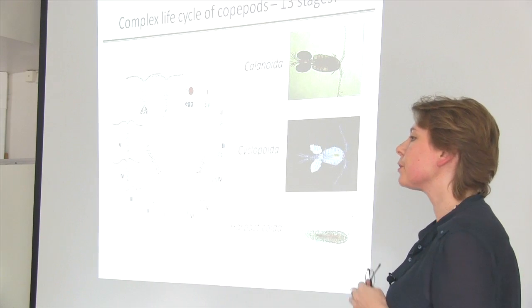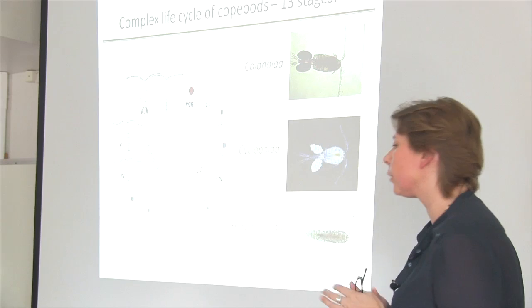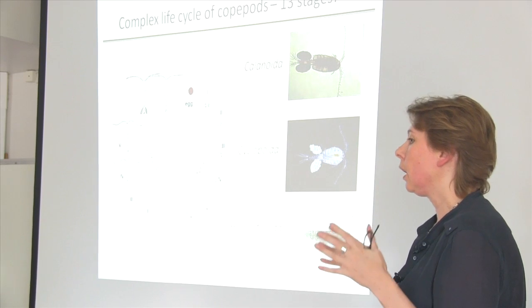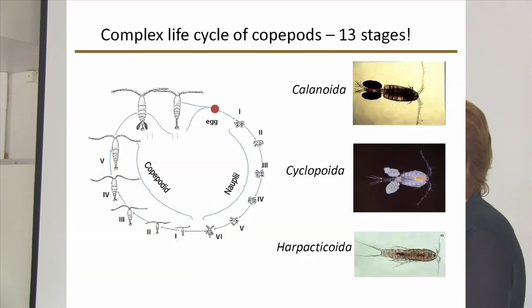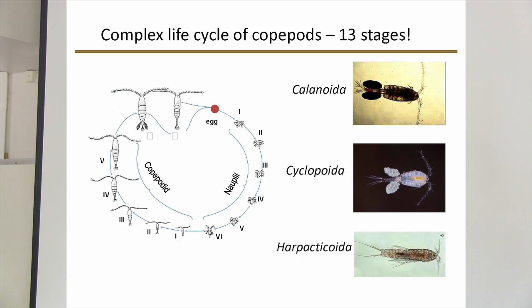Here we have copepods, but copepods have a very complex life cycle. It's one of the most complicated life cycles among the invertebrates in general. So they have 13 life stages and one metamorphosis. From the eggs, they go through 6 nauplial stages.